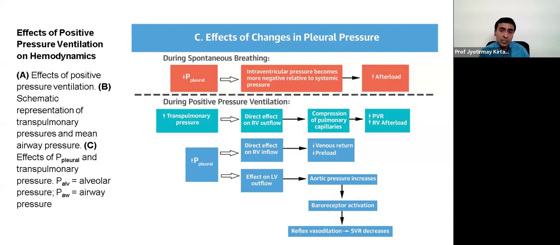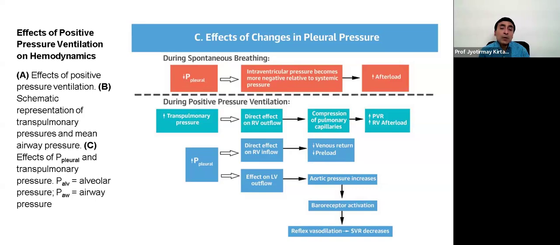Now come to positive pressure ventilation. What happens? The transpulmonary pressure increases. It will have a direct effect on the right ventricular outflow, and since the pleural pressure also increases, there is a direct effect on the right ventricular inflow, so the right ventricular inflow also reduces.